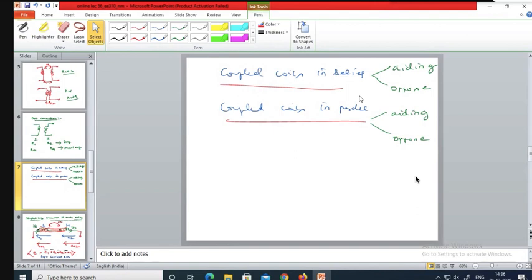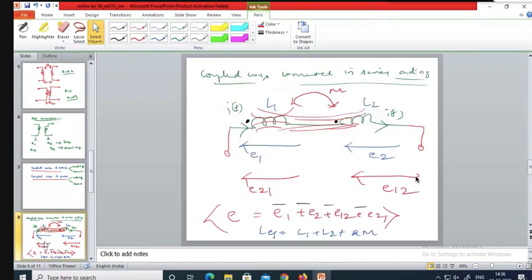The coils can be connected in series and in parallel. What happens when coils are connected in series aiding? All the induced EMFs will have the same sign, that is plus, and the equivalent inductance will be L1 plus L2 plus 2M. Why 2M?